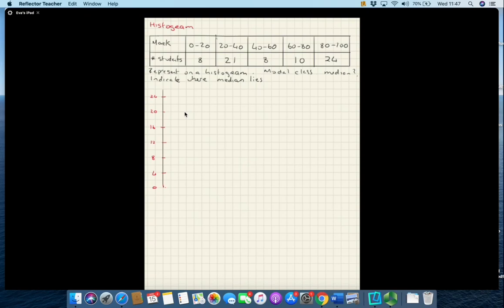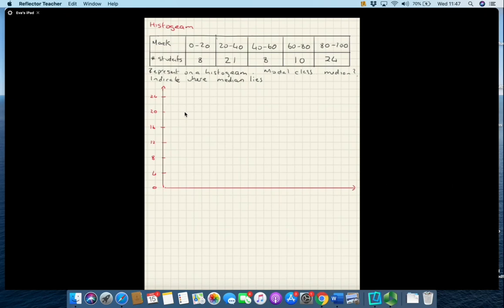And then across the bottom. Of course, these need arrows because they go on forever. And 0 to 20. And I have to go up to 100. So let's have a think about how many boxes would make sense. 4 would be a nice number.